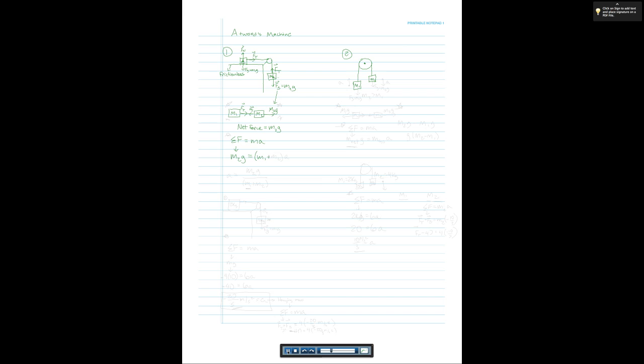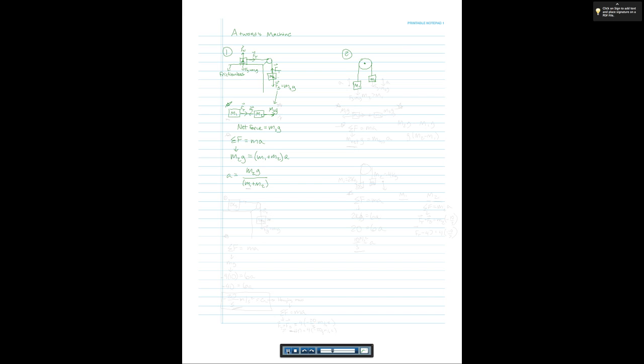It's M1 plus M2. Because if I look at this representation of my Atwood, I'm pulling it this way, but I'm pulling both blocks. So it's like they're one block in a sense. So the acceleration is M2G over M1 plus M2.